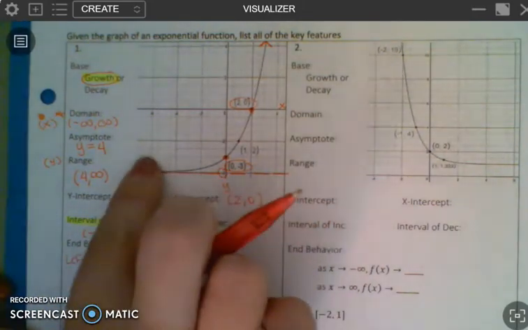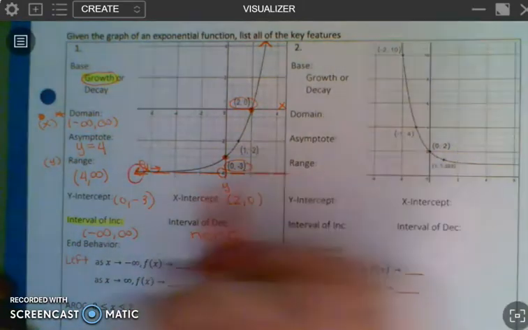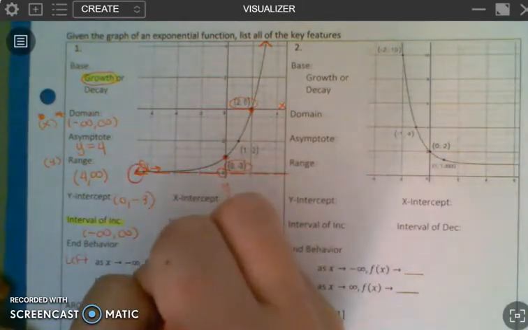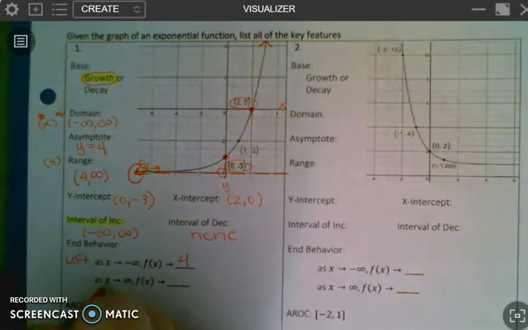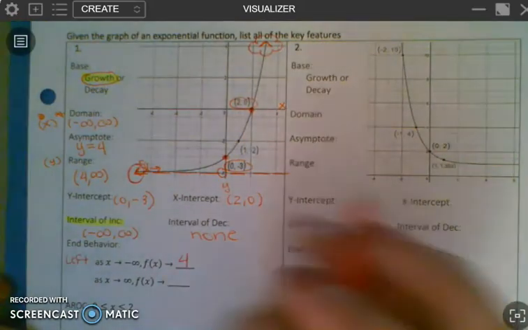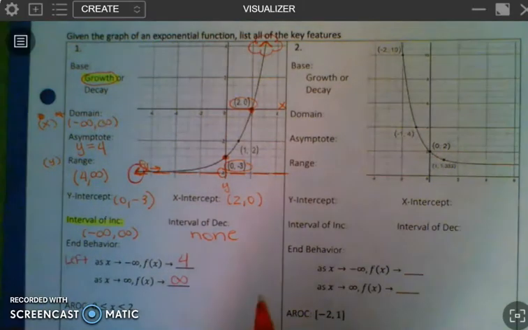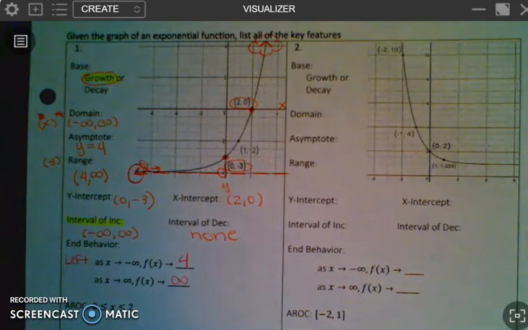So because it's flattening out, right here is my left side, and it's on the asymptote, so it's on 4. As x approaches infinity, that's looking on the right side of the graph, so that's right here. The function's going up, so it's infinity. With all of these, you're going to have an infinity and an asymptote. It's either going to be infinity or -infinity and your asymptote, but there's only going to ever be one infinity.